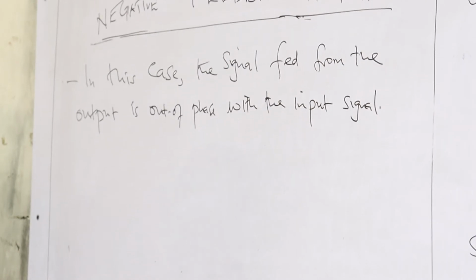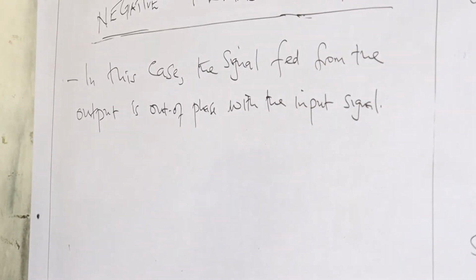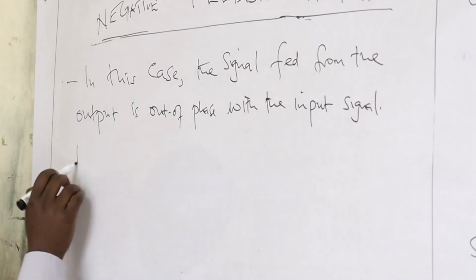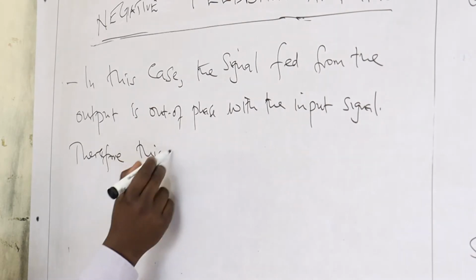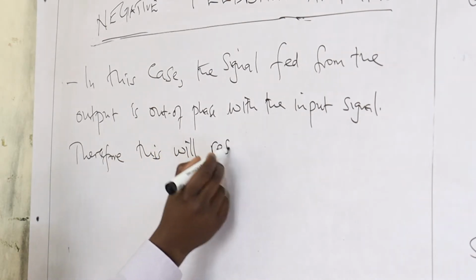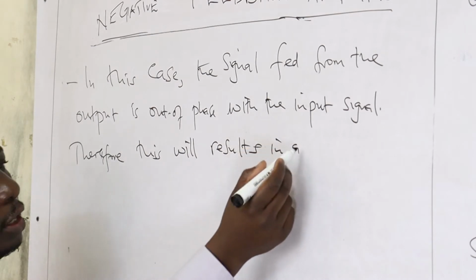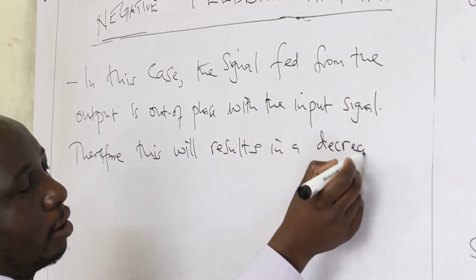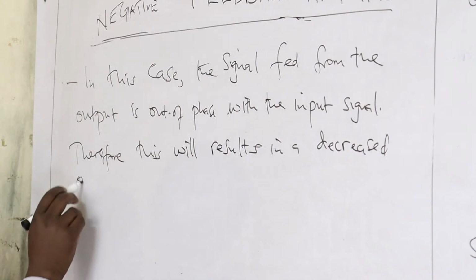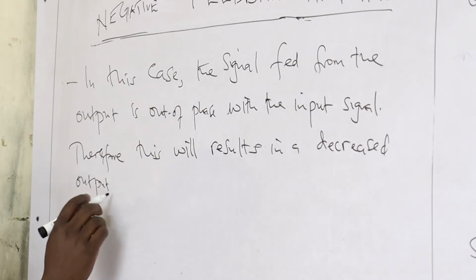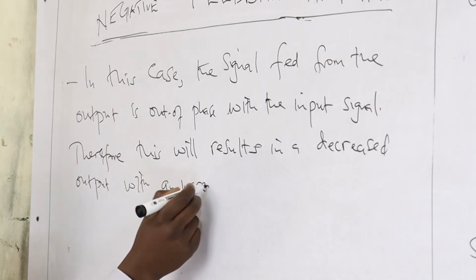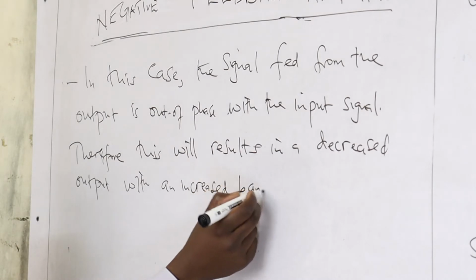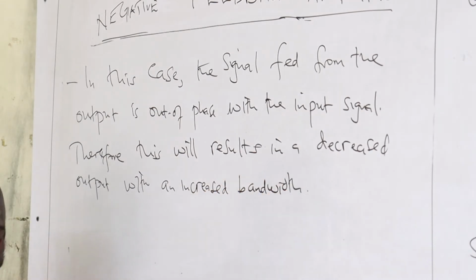Therefore, this will result in a decreased output with an increased bandwidth. You can have a sketch of the negative feedback.